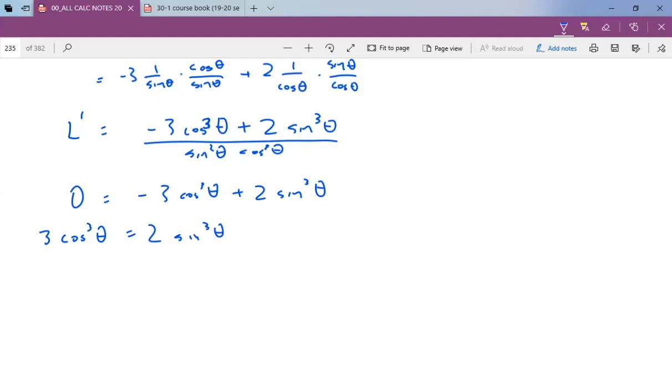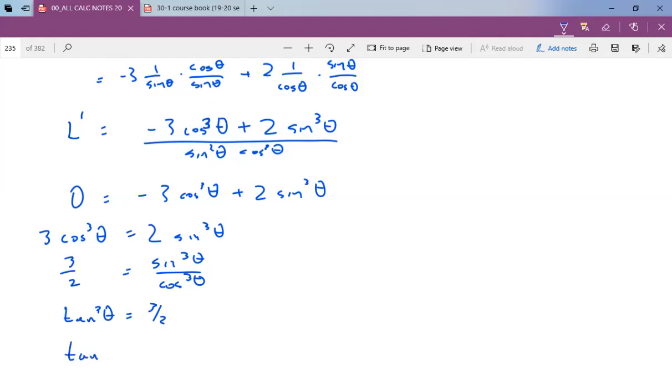If we want this in terms of one function, let's divide both sides by 2. So we have 3/2 equal to sine cubed theta over cos cubed theta. We have tan cubed theta is equal to 3/2.